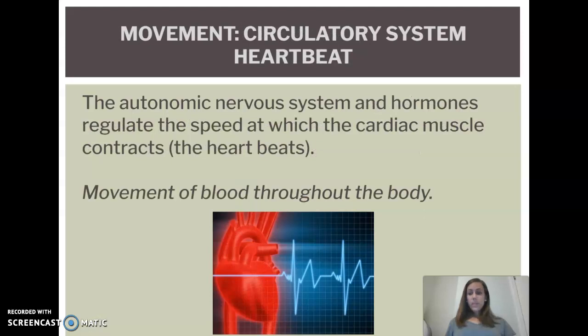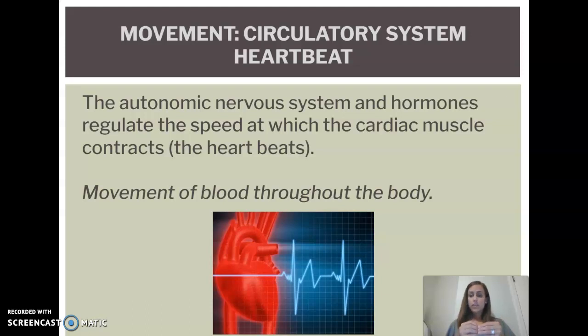Another thing that we've already gone over before, but just reiterating, is that movement also occurs with the cardiac muscle tissue. And again, it's that branch of the nervous system that handles involuntary actions.